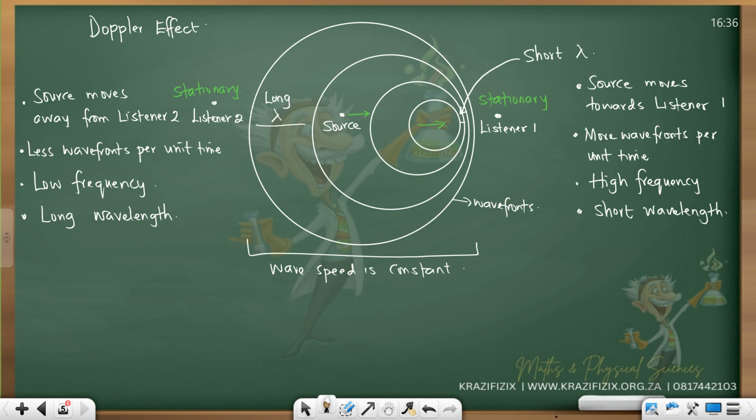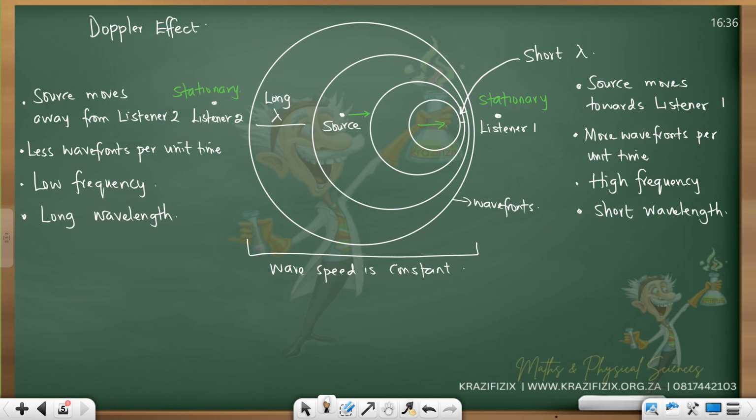If you understand this, then yes, we can talk about the definition of Doppler. Yes, Lavi? Sir, would listener 2, at some point, hear the quote unquote echo? Echo?